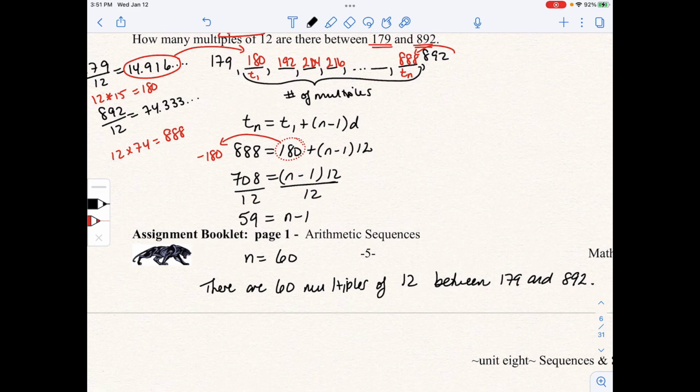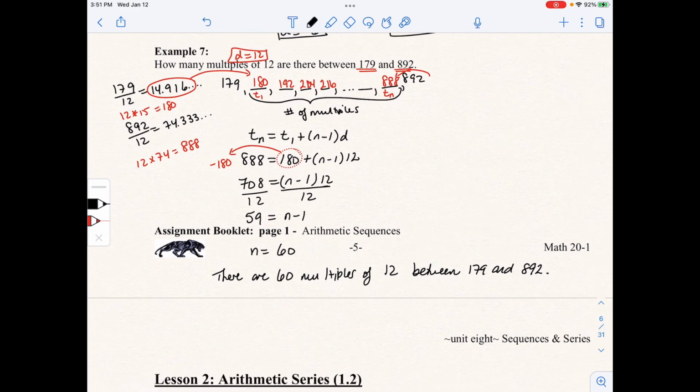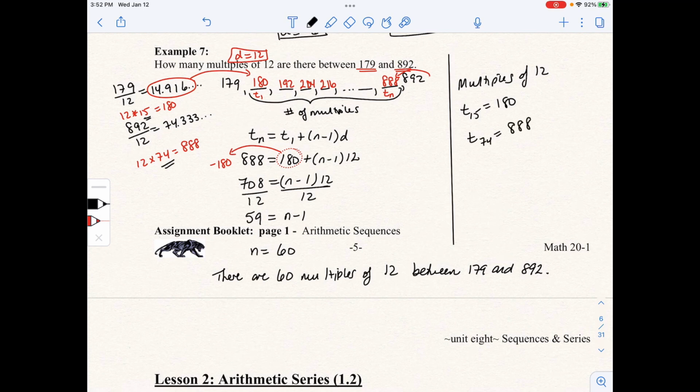Now, there's another way to do this question, which I kind of alluded to. I know that my 15th multiple of 12, okay, the 15th multiple of 12, if you're just looking at multiples of 12, T15 would be 180, T74 would be 888.